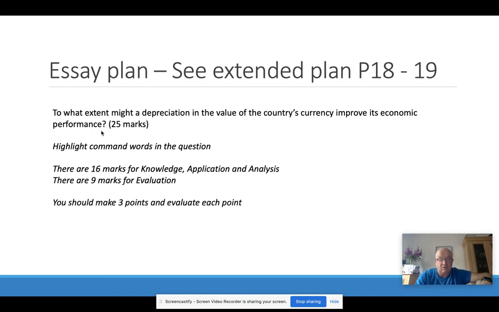Certainly in this instance, look at making 3 points and evaluate each point. Definitely use any examples that you've got to hand or that you can research to support your arguments.